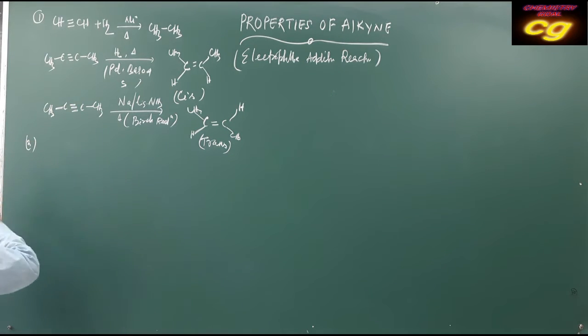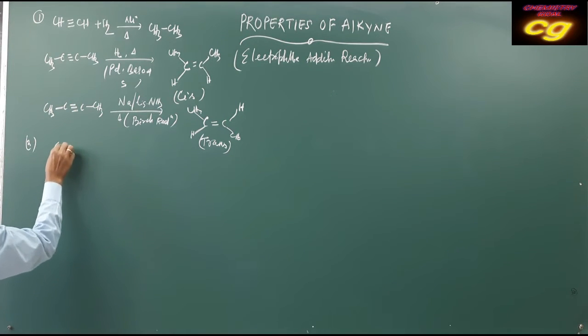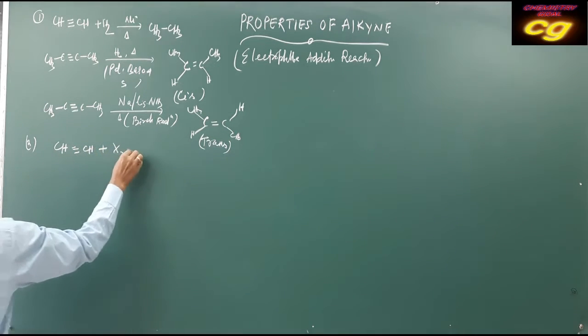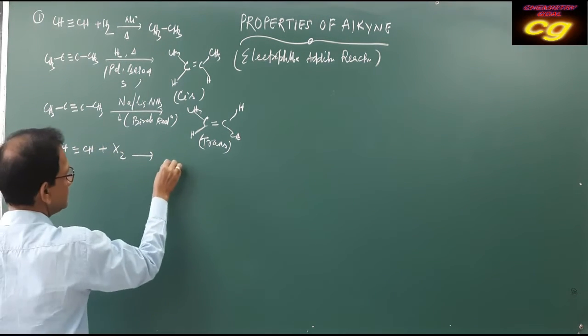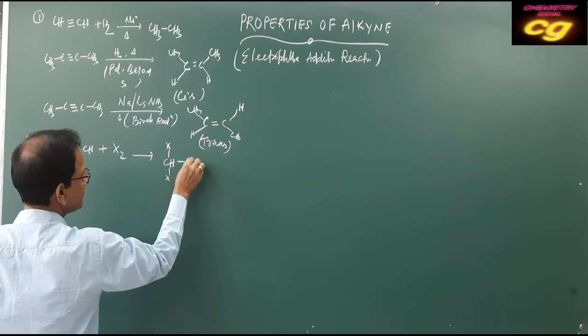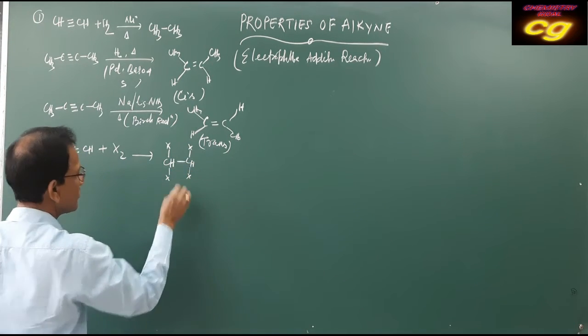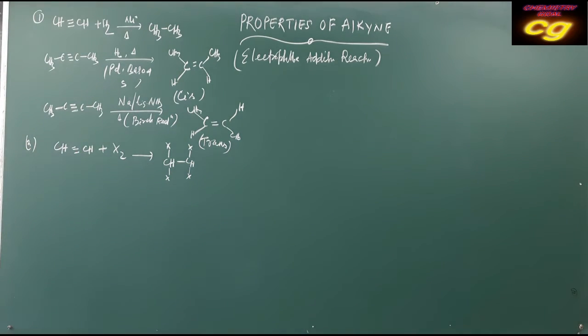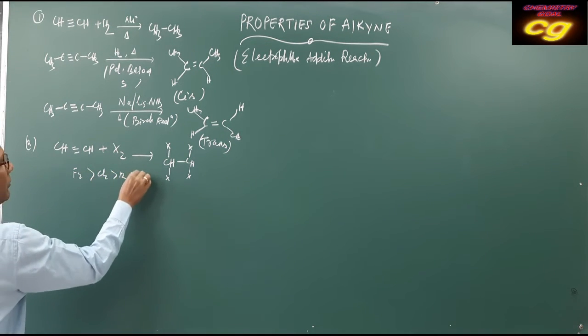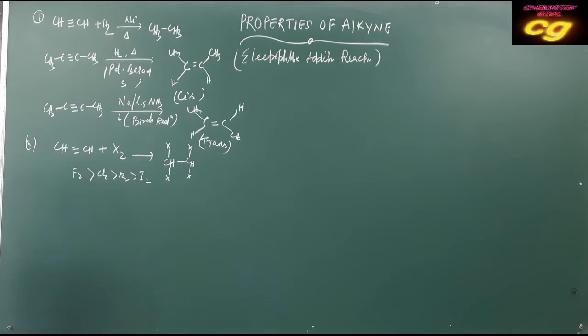Then addition of halogen also you can do. If you add halogen, a tetrahalogen derivative will be obtained, and the reactivity will be fluorine, chlorine, bromine, iodine. This is the reactivity of halogen.